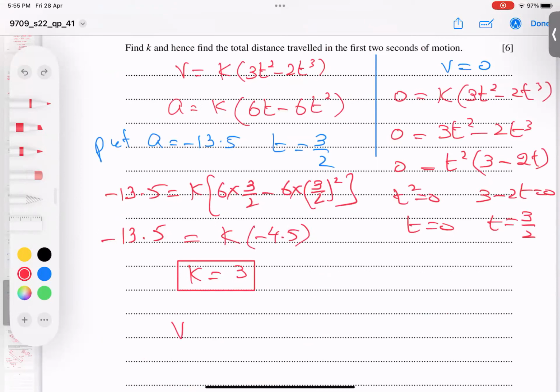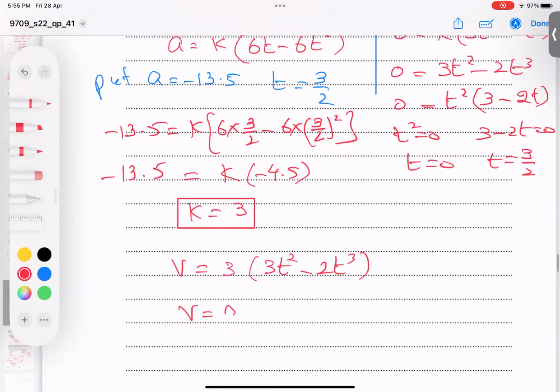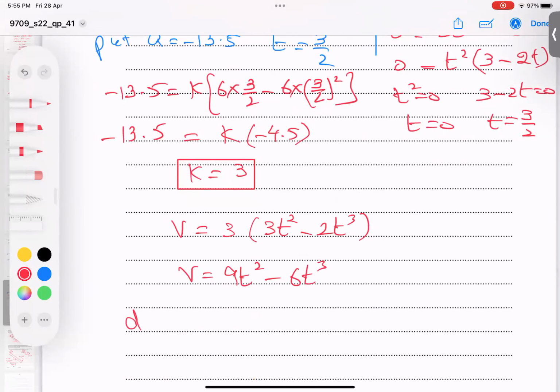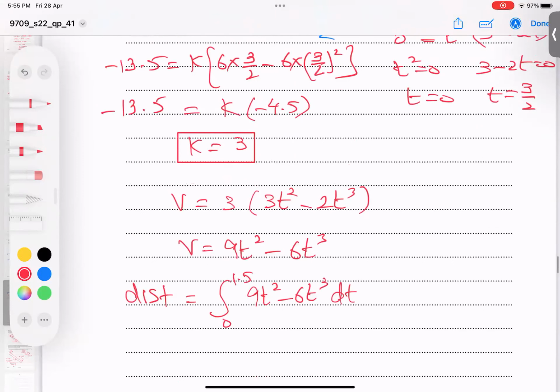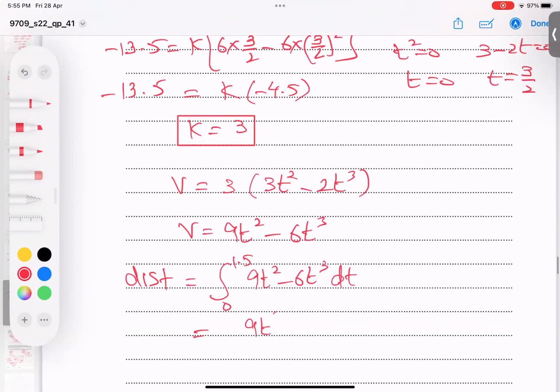So the velocity expression is 3 times (3t² − 2t³), which becomes 9t² − 6t³. For the distance while going away only, I integrate from 0 to 1.5 of (9t² − 6t³) dt. When I integrate, I increase the power by 1 and divide by the same. So this is done, and the limits are 0 to 1.5.